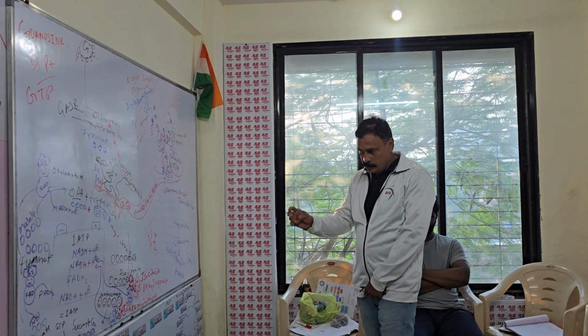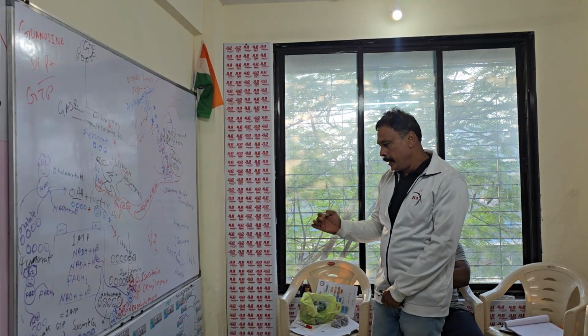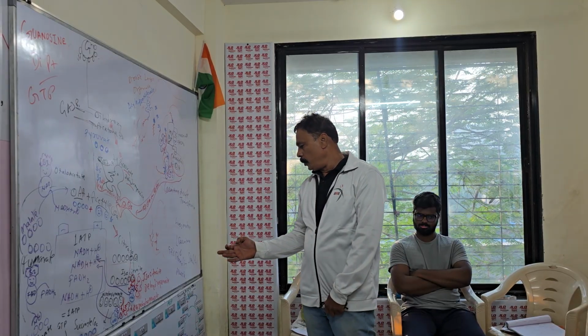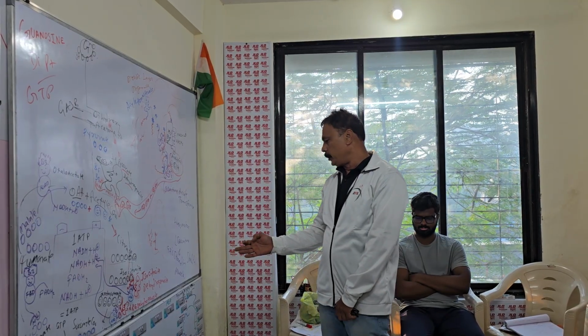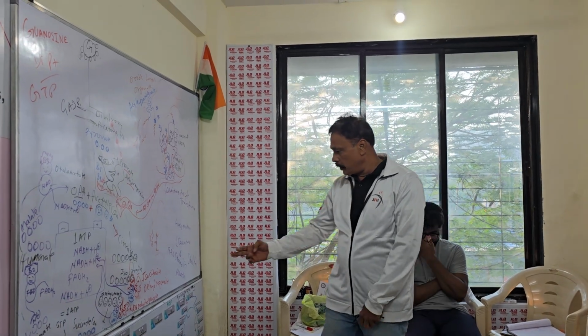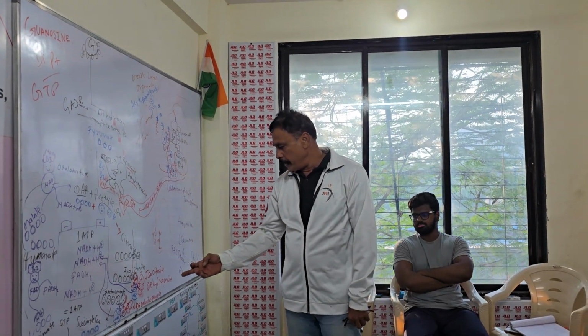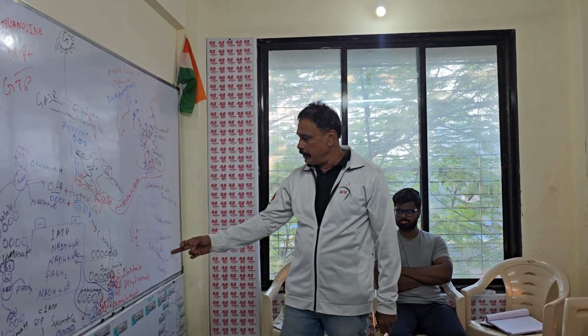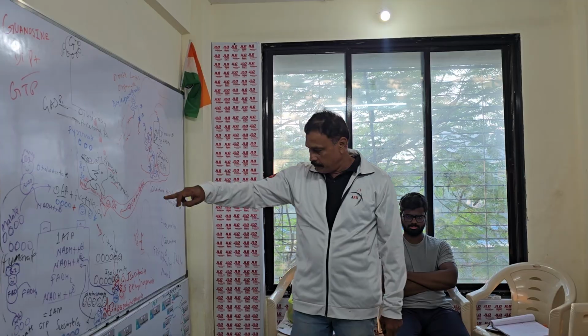By this stage, there are only 5 carbons, and again there is another enzyme called alpha ketoglutarate dehydrogenase, and they also cut one carbon. NAD is there, hydrogen is released, and the energy is sent to the battery system.